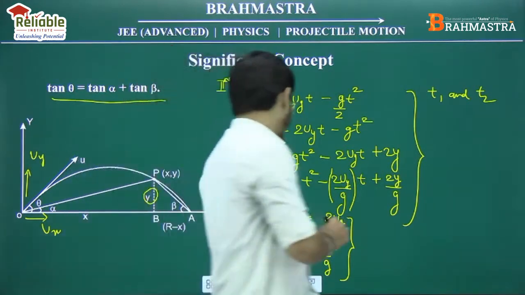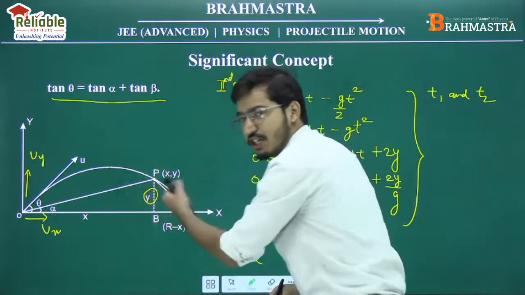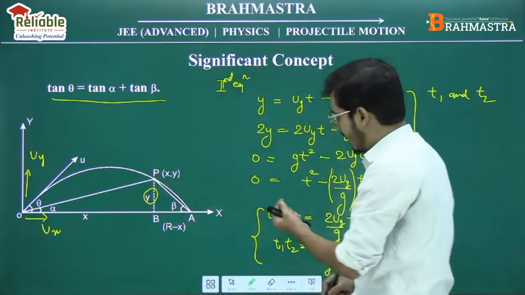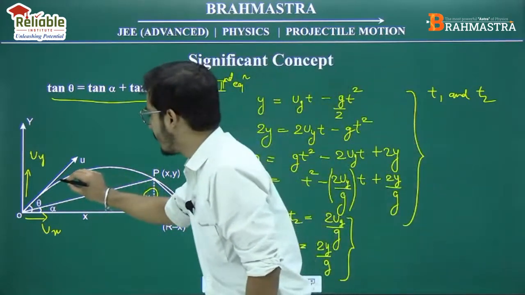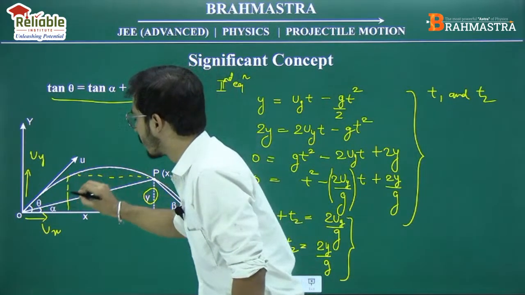Okay, so now I have calculated that this particular y is achieved by the projectile at two times, t1 and t2, right? If I draw a dotted line, this is also y.